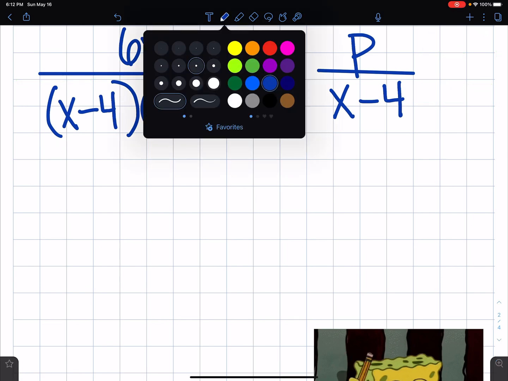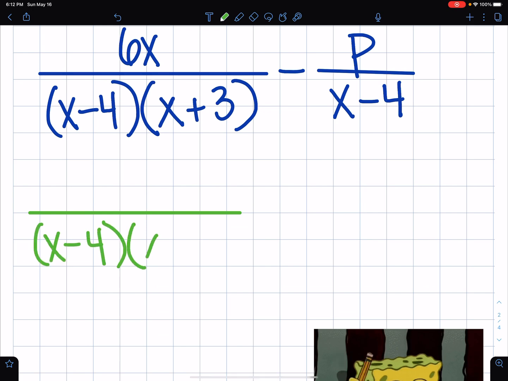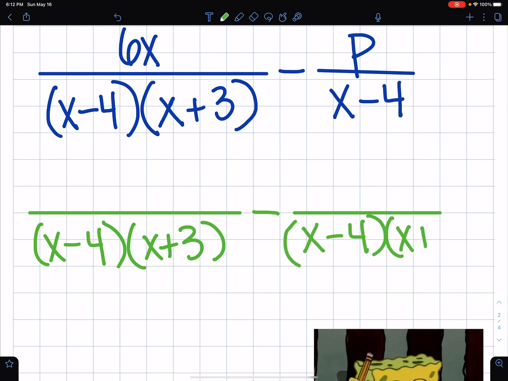Okay, so I'm going to use a different color for this part. So we're going to get the common denominator. I'm going to do x minus 4 and x plus 3 here. And then we're going to subtract x minus 4 and x plus 3. Okay, so I'm just rewriting both of these fractions.